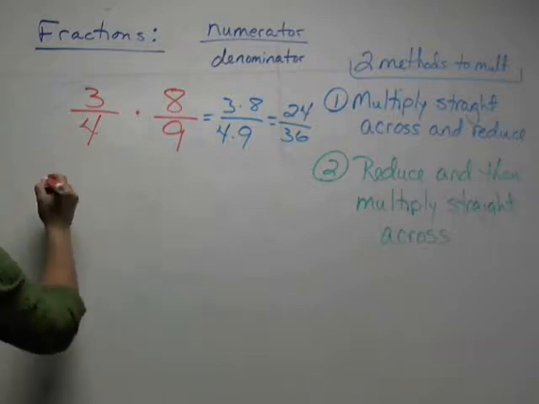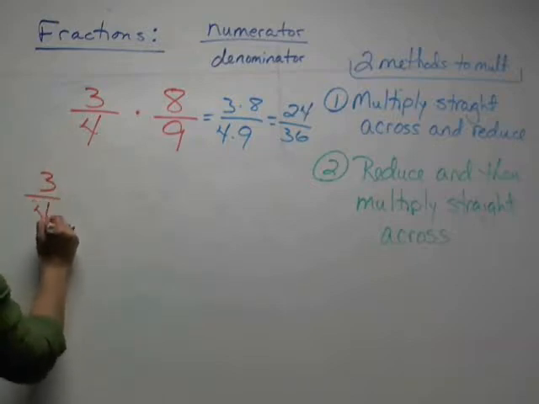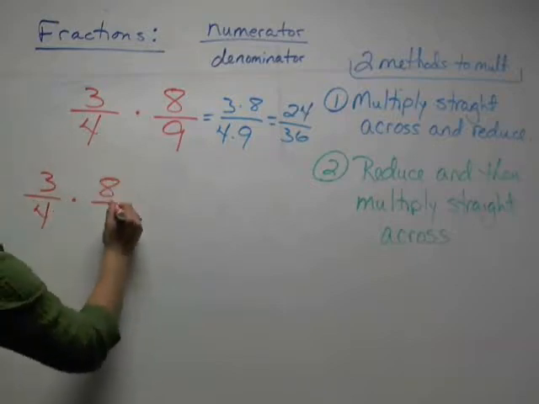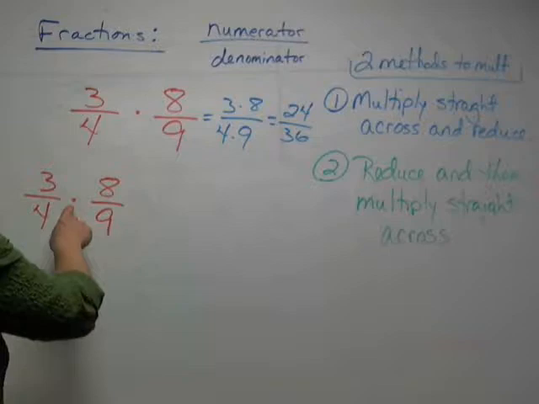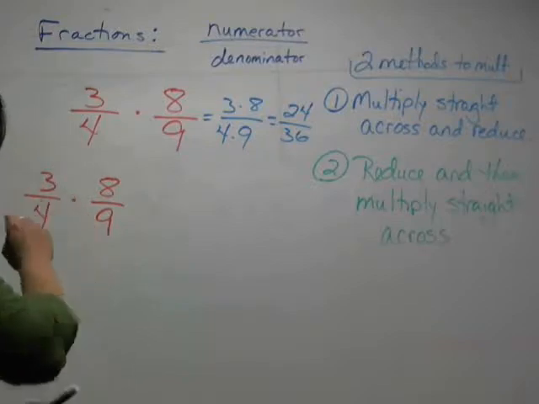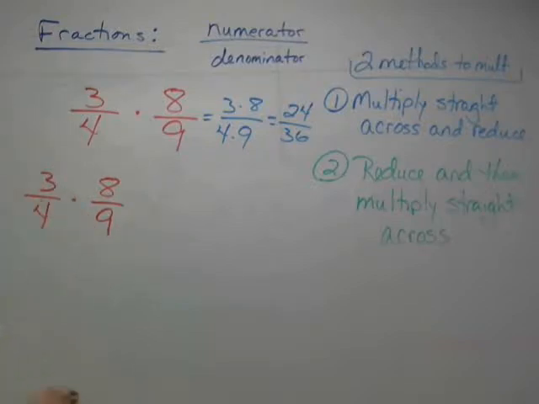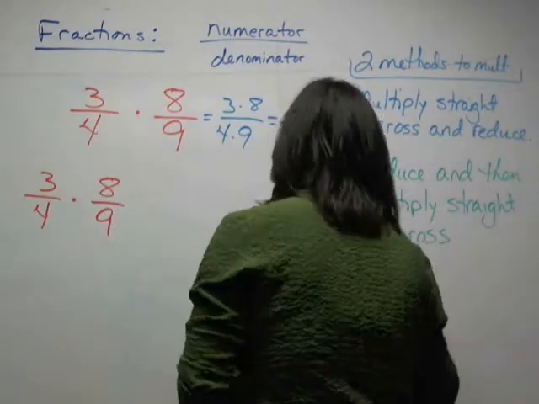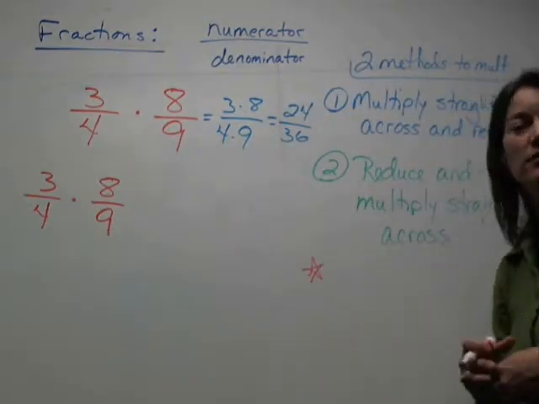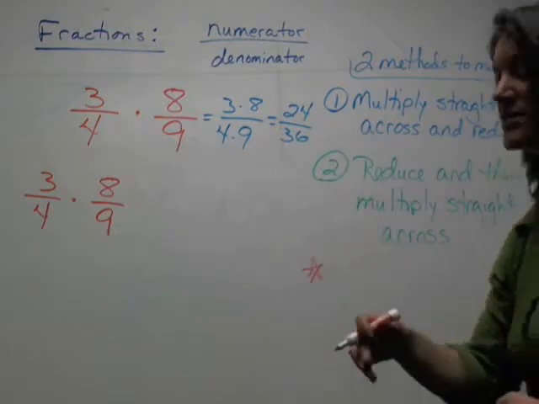However, I like the second method. If I had 3/4 times 8/9, I look for things that I can cancel. Now here are my rules for canceling. I can only cancel when multiplying. And I can only cancel a number that's on top with a number that's on the bottom.